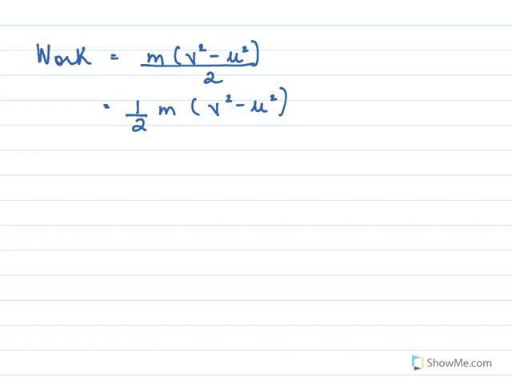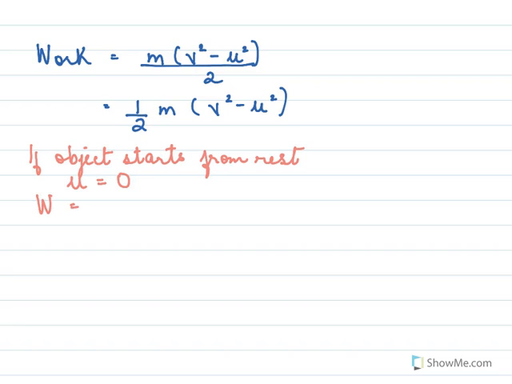But what if the object starts from rest? If the object starts from rest, we write u equal to 0. Now the work will become half m into v square minus 0 square. So work is half m v square.